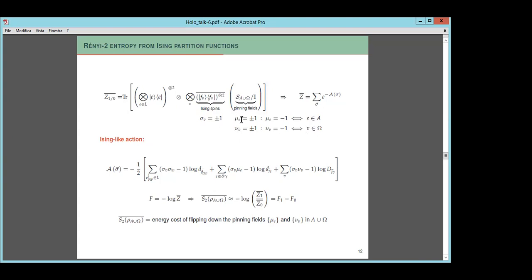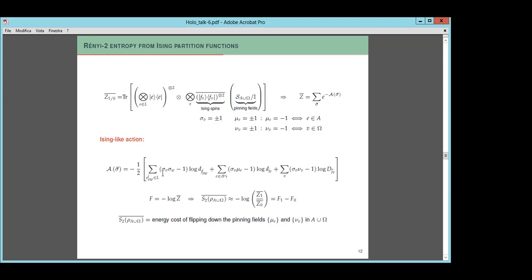So boundary spins for controlling the boundary region we want to probe, and spins called bulk spins attached to the intertwiner. And so these quantities turn out to be specific cases of a partition function of an Ising model, and after deforming this trace, the Ising action turns out to be the following.